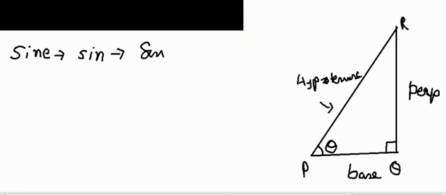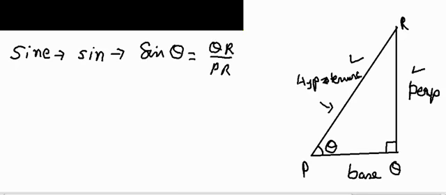So sine theta is a ratio between the perpendicular, in this case QR, and the hypotenuse, which here is PR in the figure. That is, sine theta is a ratio of the height or perpendicular to the hypotenuse.